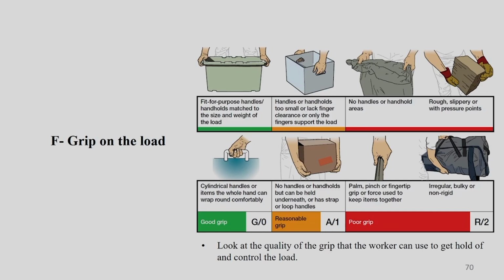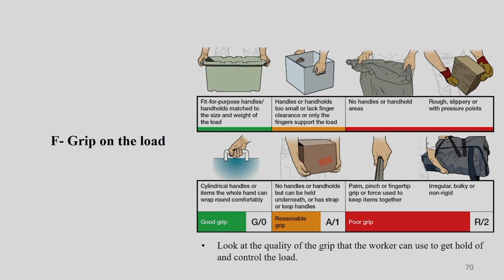Okay, so A1. The next part is poor grip: no handle or handhold areas, so nothing is there, and depending on your comfort you are holding it. Rough, slippery with no pressure points, because it's falling, it's slipping from your palm. So you have to put more pressure.